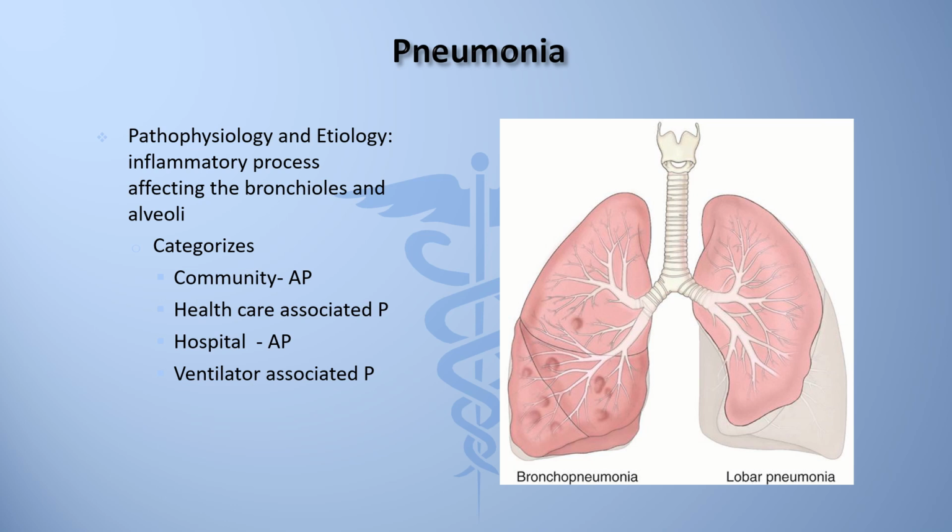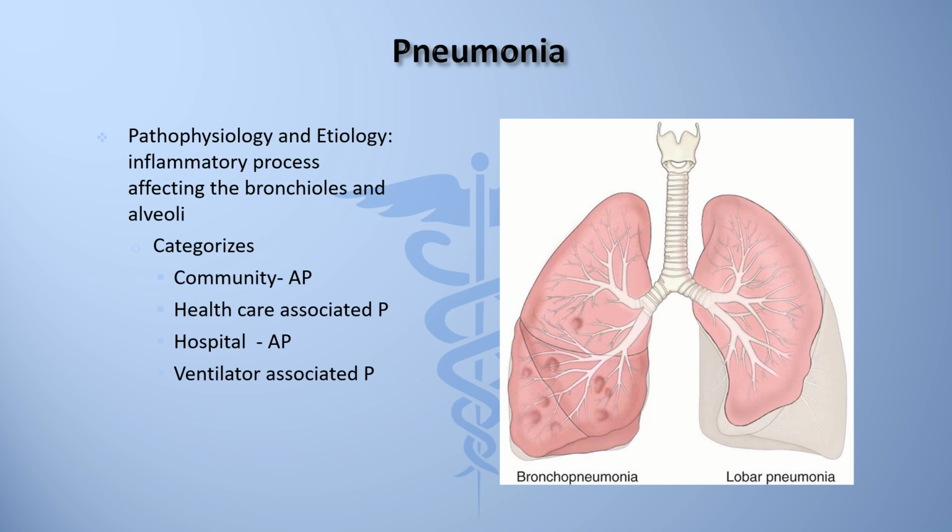The first is your community-acquired pneumonia, which is the most common, which means it's contracted in the community setting. You have healthcare-associated pneumonia. This is usually seen in long-term care facilities, or they could be diagnosed with it 90 days into the hospitalization.